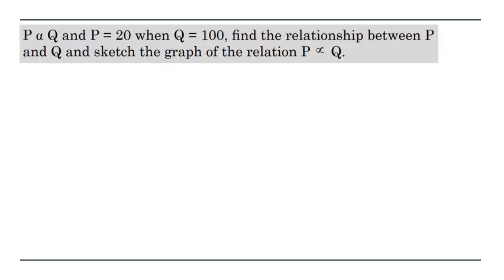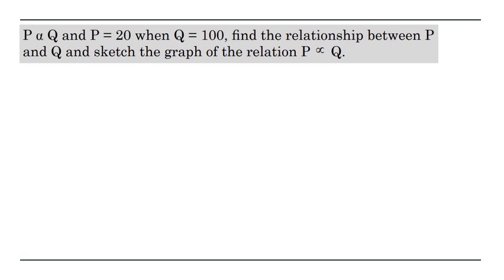And we have this one. In this case, the author also wants us to sketch a graph of the relationship of P and Q. P is directly proportional to Q, or P directly varies with Q, and P is 20 when Q is 100. Find the relationship between P and Q. That's the first thing.